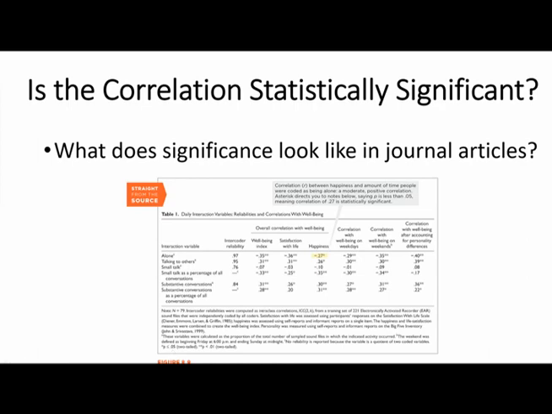As a researcher, you could decide that you want to be even more certain that the result that you're getting couldn't have come from a population that didn't have this association. And so in that case, you could use a p of 0.01. So this is saying that there's a 1% or less chance that this could have come from a population that didn't have the association.